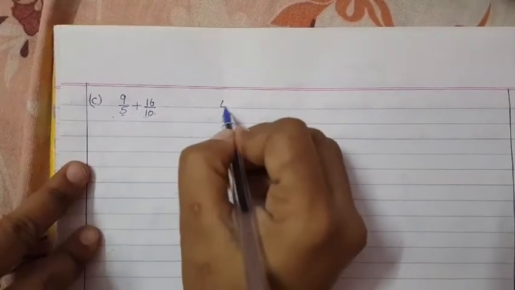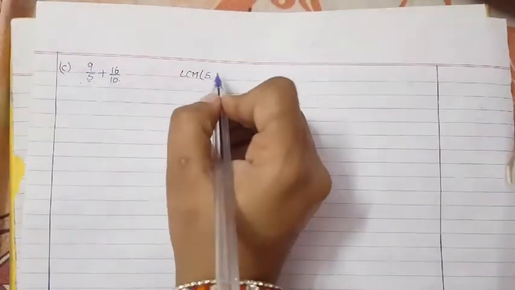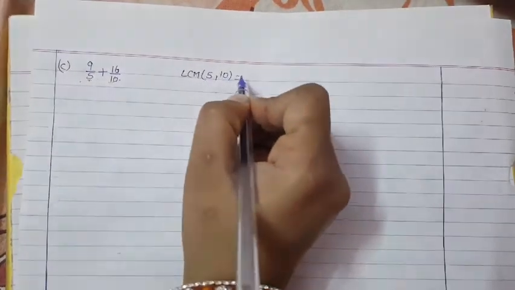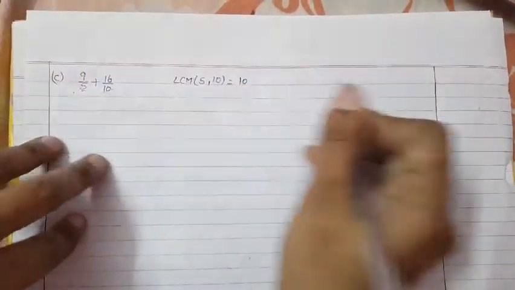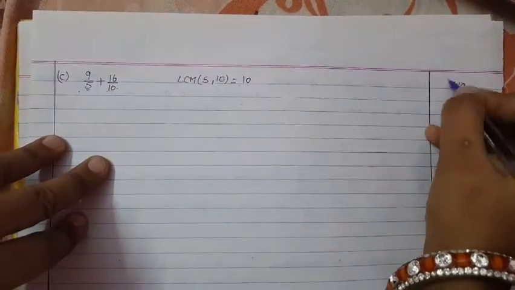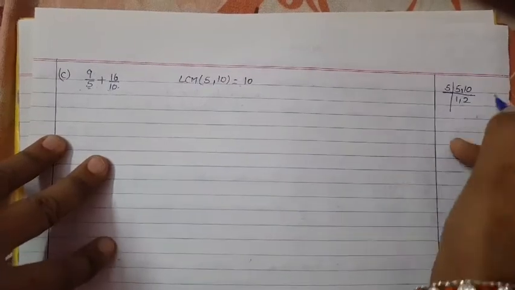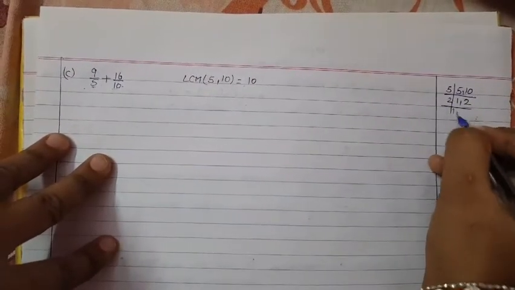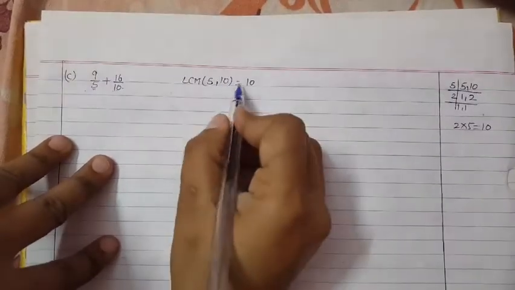Means first of all I have to take the LCM of 5 and 10, which is 10. Okay, you know how to find the LCM. Divide by 5, 5 ones are 5, 5 twos are 10, divide by 2, 1, 1. So 2 into 5, that is 10, will be the LCM for 5 and 10.